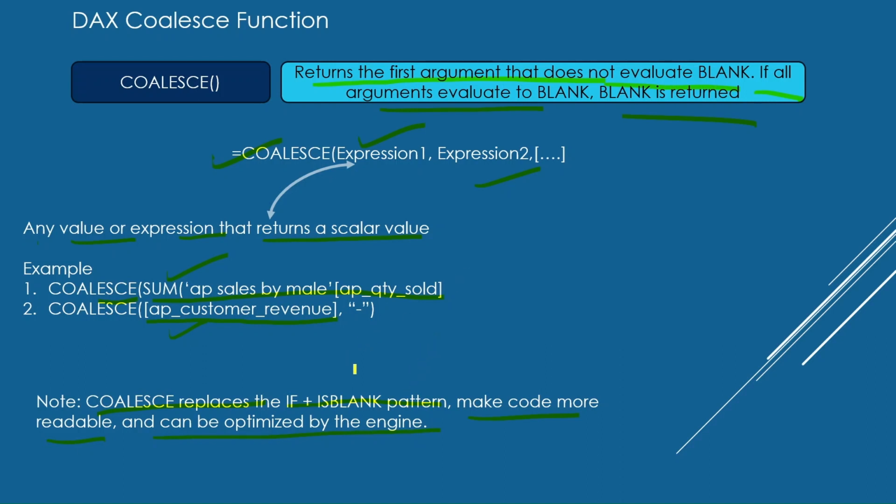Okay, let's discuss the ISBLANK function. What is the ISBLANK function going to do? It is going to take an argument, which could be a value or could be an expression. It is going to check whether the expression or the value is blank.